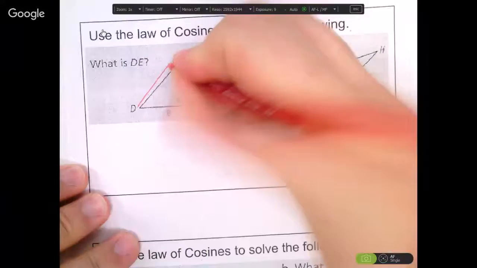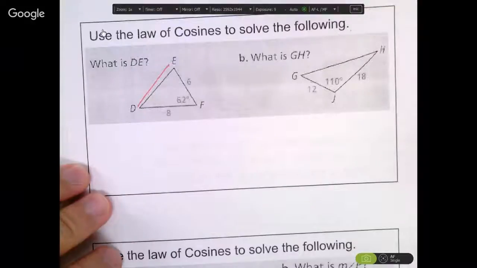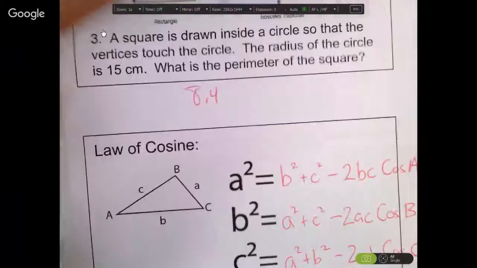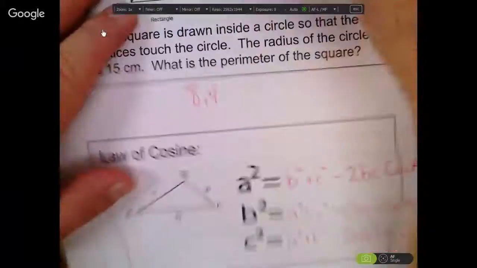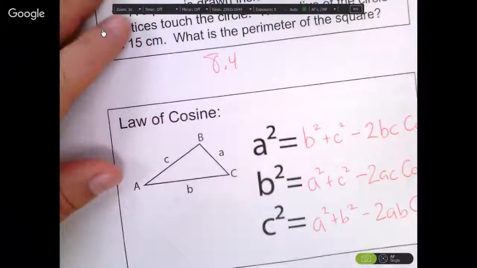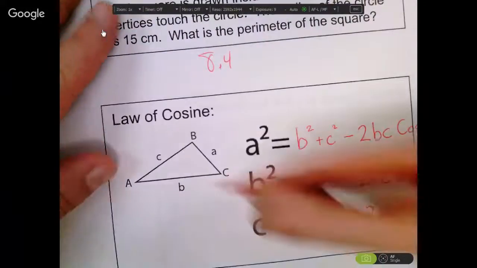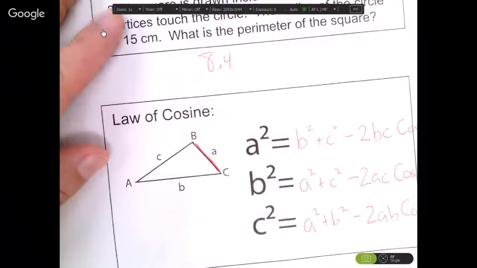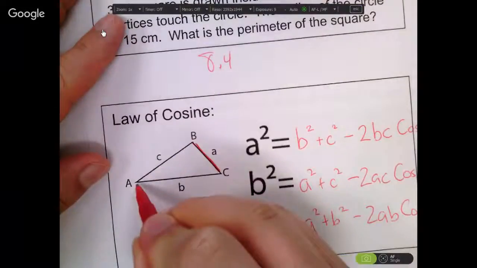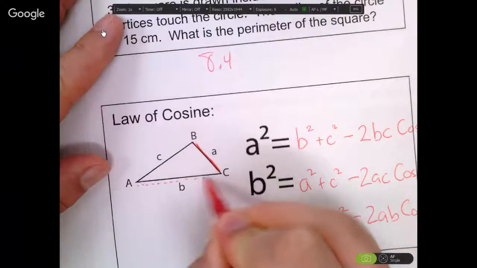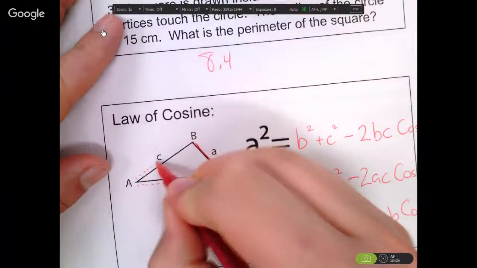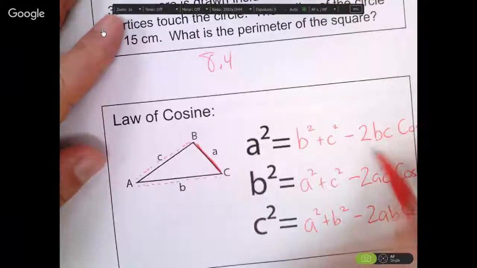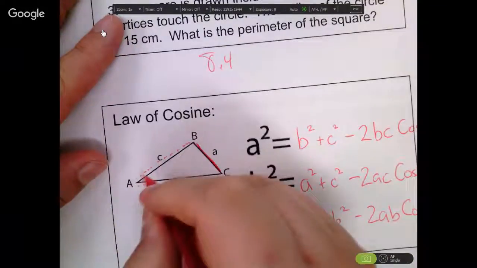Now, the cosine is kind of weird. Let's go back to this and draw something real quick. In relation to A, if I'm trying to find A, I'm going to be squaring B, squaring C, subtracting 2 times B times C, and then using this angle.